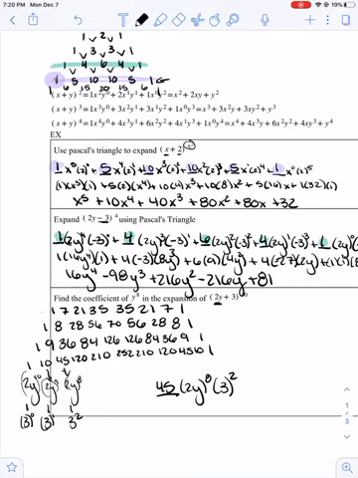If we multiply this out, this ends up being 103,680 y to the 8th. But it just wants to know the coefficient, so the coefficient is 103,680.